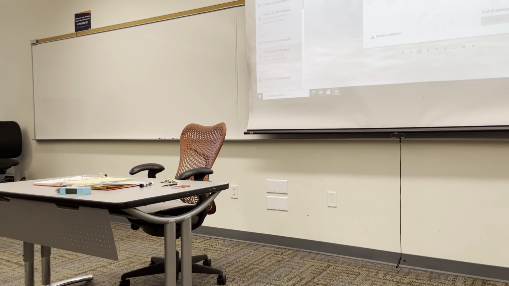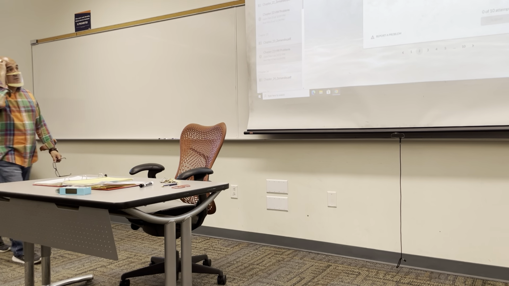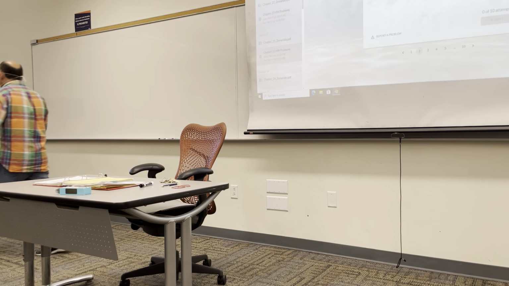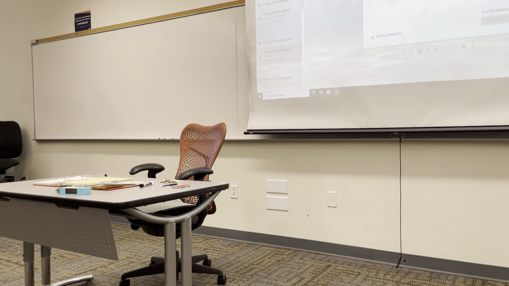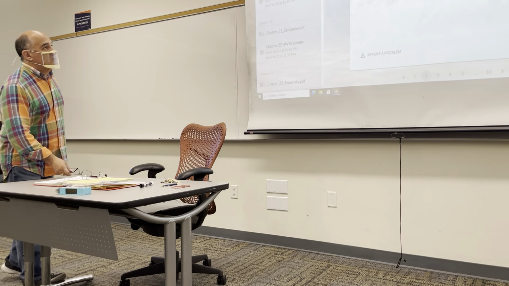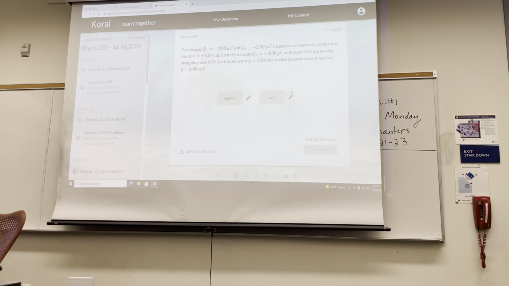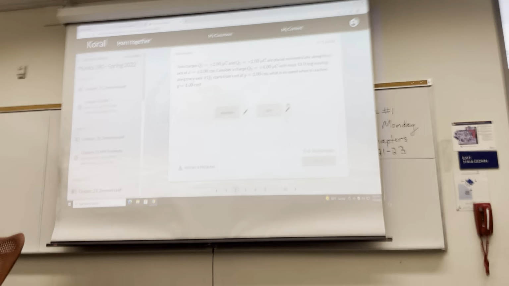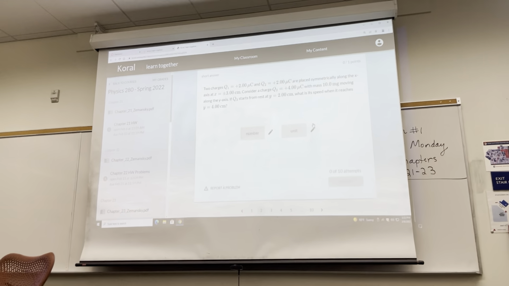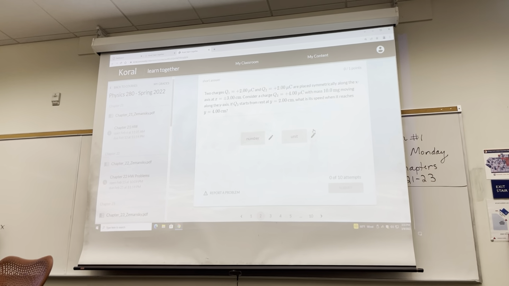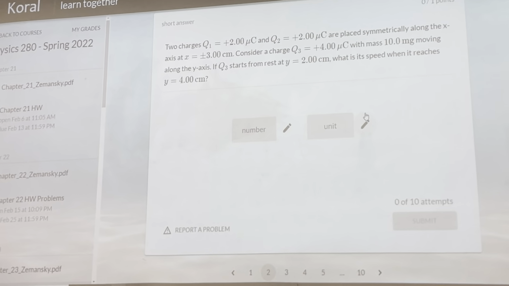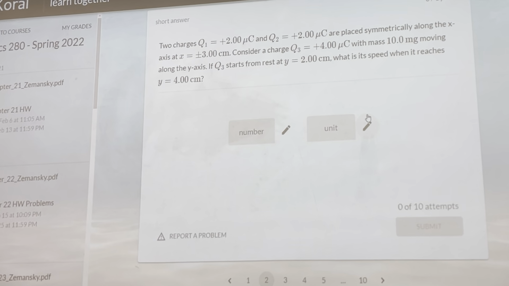So we have two charges, Q1 and Q2, placed symmetrically along the x-axis at plus and minus 3 centimeters. That's the x-axis, and that's the y-axis.